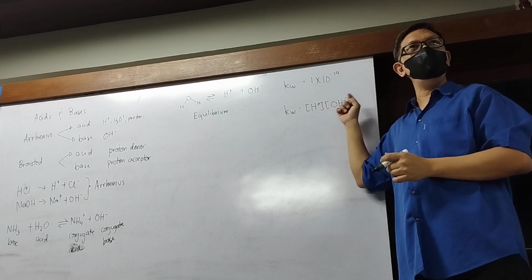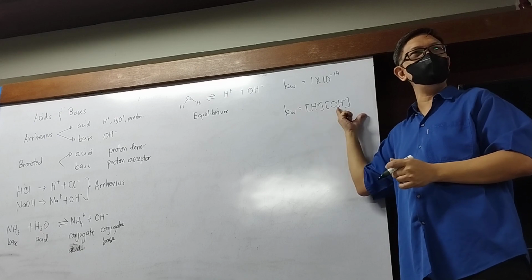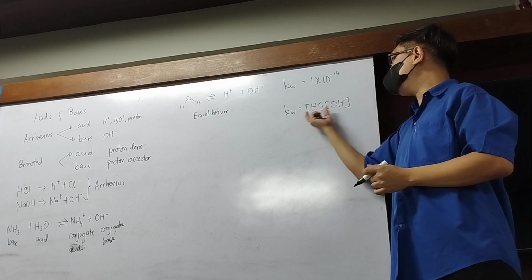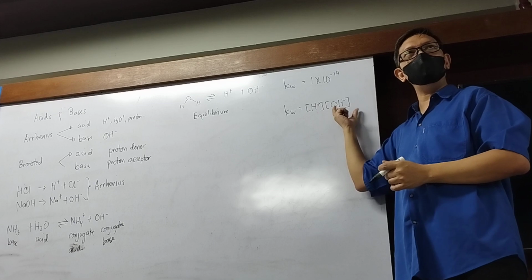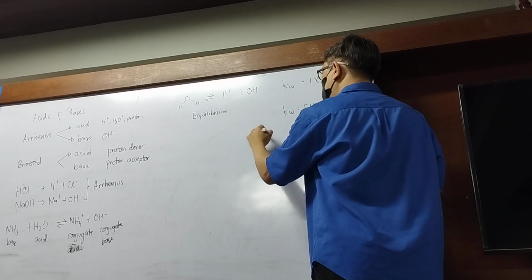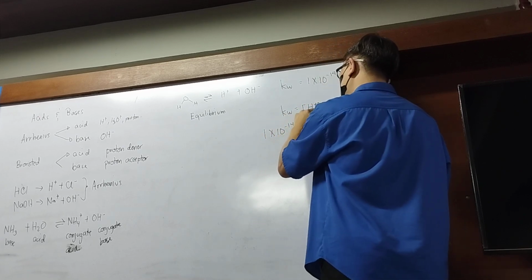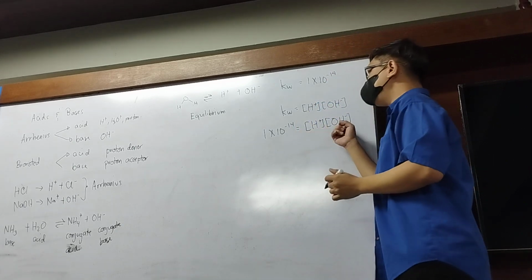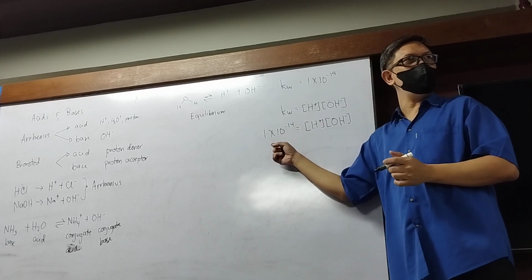So this is a balancing act. So whenever H plus is very large, this becomes small. If this becomes bigger, H plus is small. Okay? So all in all, the concentration of this will form the 1 times 10 to the negative 14 equilibrium constant.